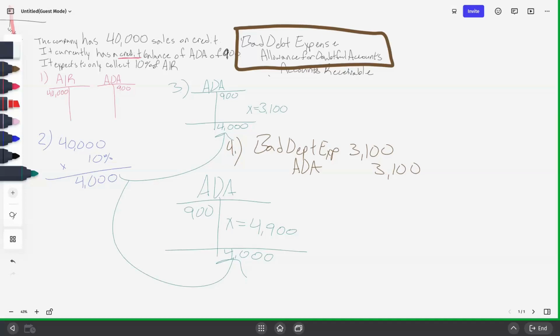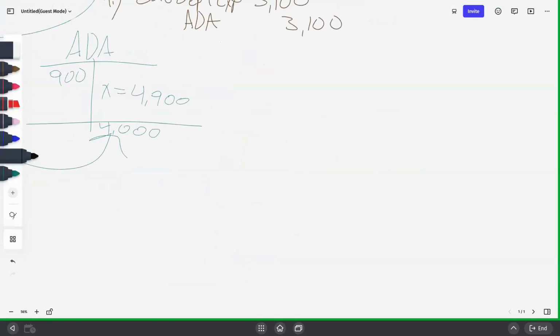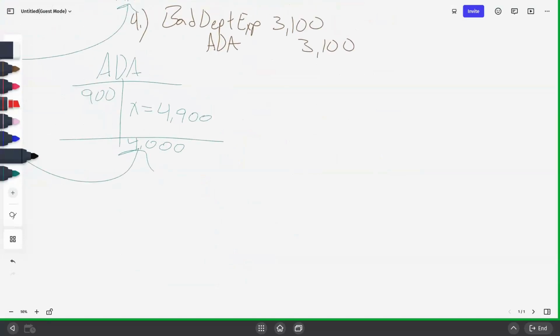Okay, we're adding because it's a debit that time, the 900? So you have to basically find a way. This goes for any T chart at all. The only thing is with an allowance for doubtful accounts, we can have a starting point from debit or credit.